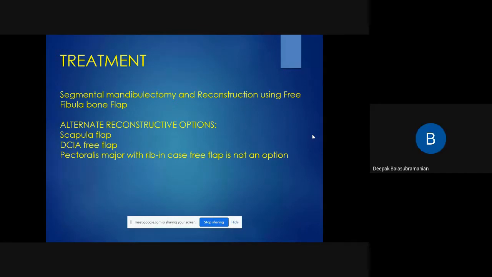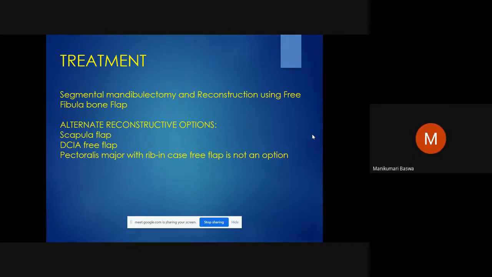But what is the big advantage of the DCIA? So the contour of the bone would match the contour of the mandible. Excellent answer. More importantly, you can customize the vertical height of bone that you're harvesting. Yes. So the fibula might not reach the occlusal ridge where you want to put implants.